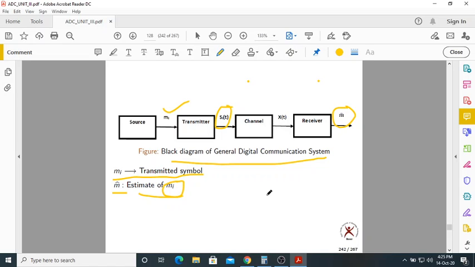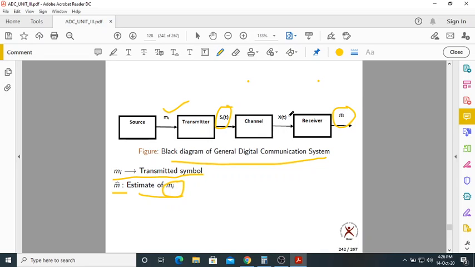Here we always go with a probabilistic model. It depends upon probability or PDF. We are estimating, so it depends upon probability: what is the probability of symbol M1, what is the probability of symbol M2, and so on. What is the channel noise? Because it is also random in nature.